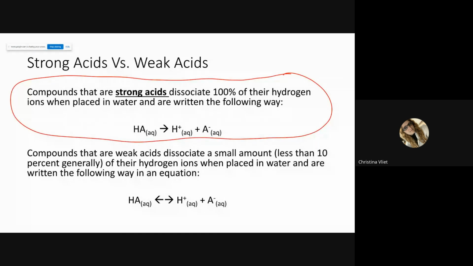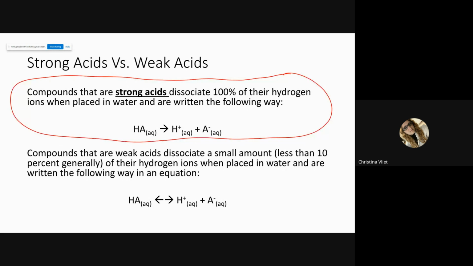A strong acid will break up all of its H+ into solution. That's what we classify as a strong acid. Every H+ it has in the compound breaks off into the water. Strong acids are highly corrosive. They will burn you depending on concentration. But that's what we classify in compound form as a strong acid.